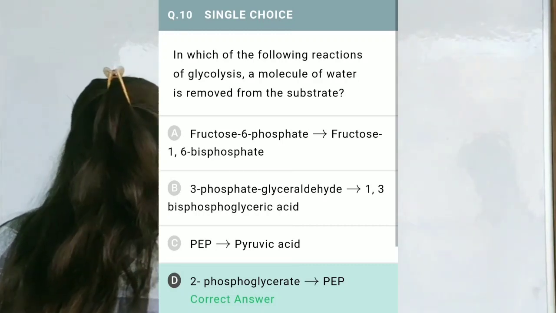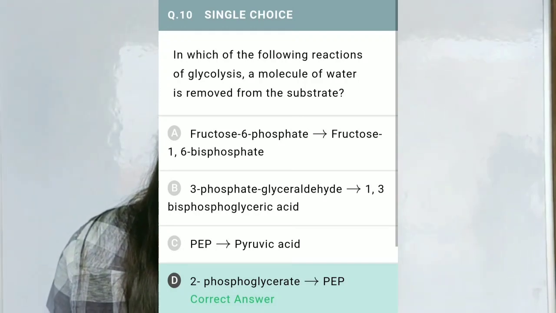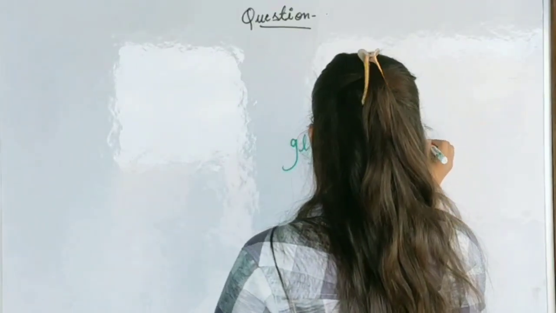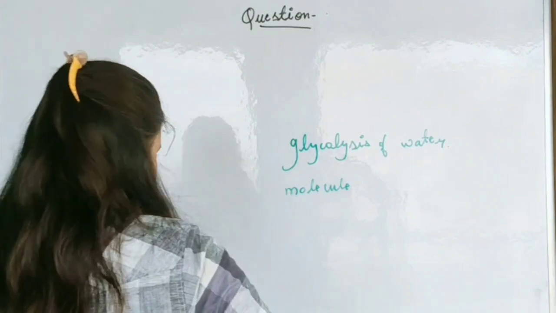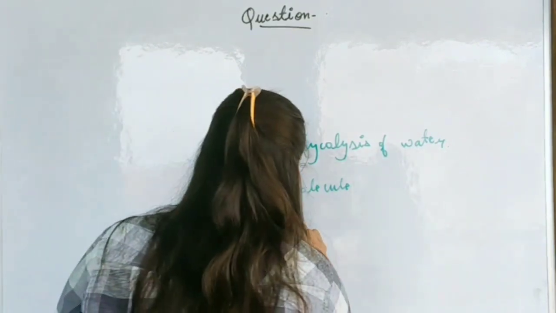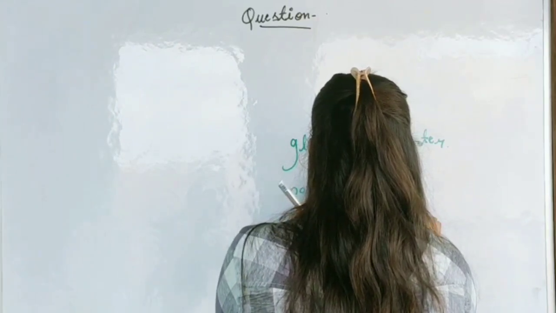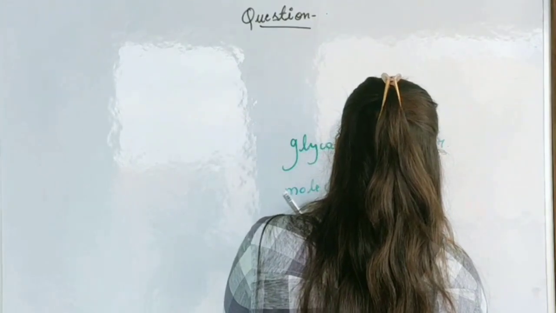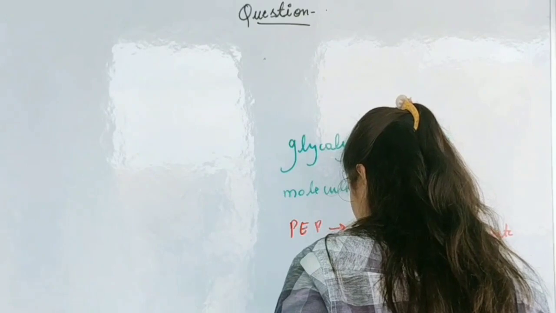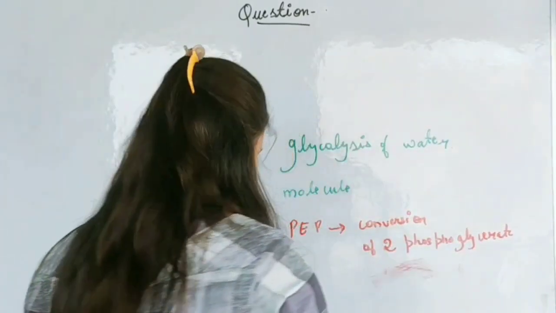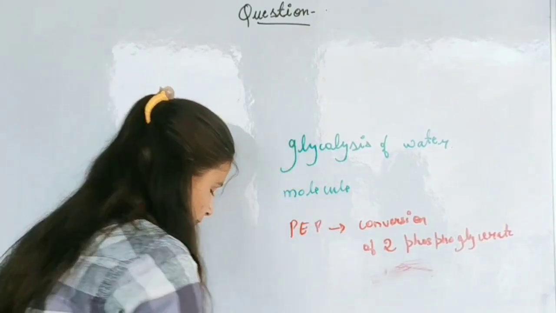So if we look at the reactions of glycolysis, a water molecule is removed and it releases PEP when 2-phosphoglycerate is converted. So in glycolysis, a water molecule is removed when 2-phosphoglycerate is converted into PEP. So now move to next question.